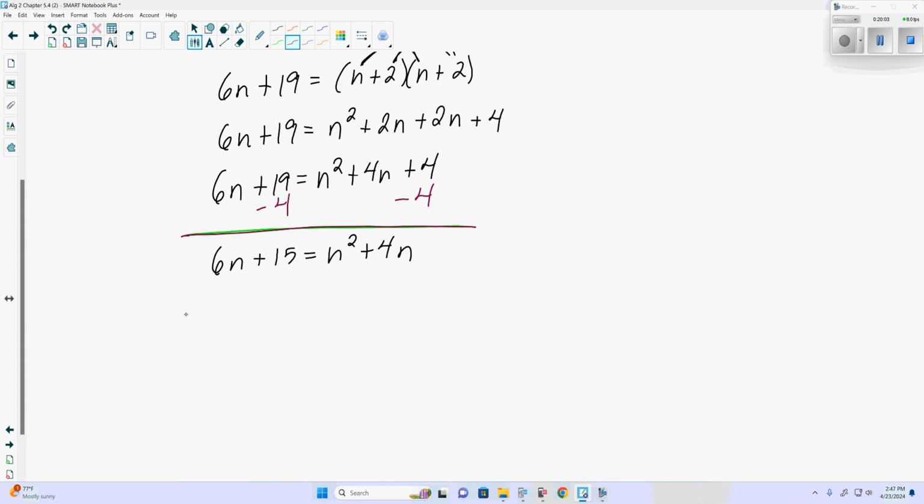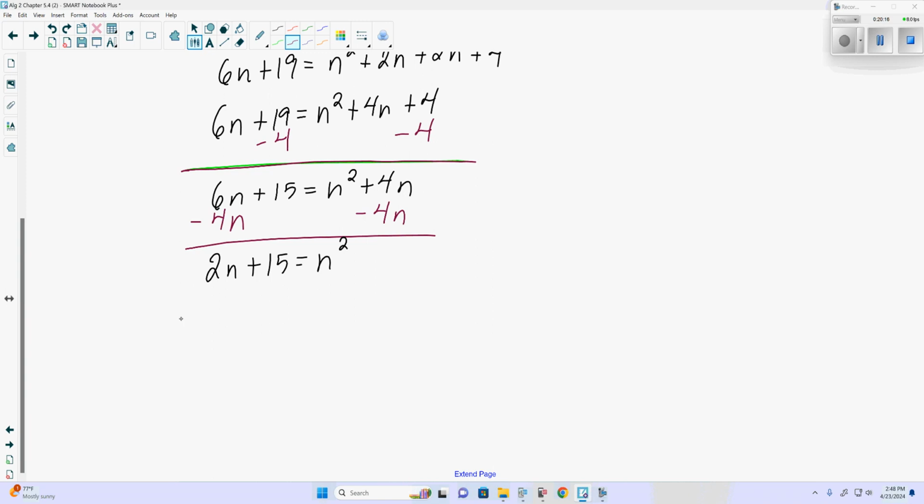We would minus 4n from both sides. It would tell us that 2n plus 15 is equal to n squared. And then we would need to subtract n squared from both sides, telling us that we have negative n squared plus 2n plus 15 is equal to 0.